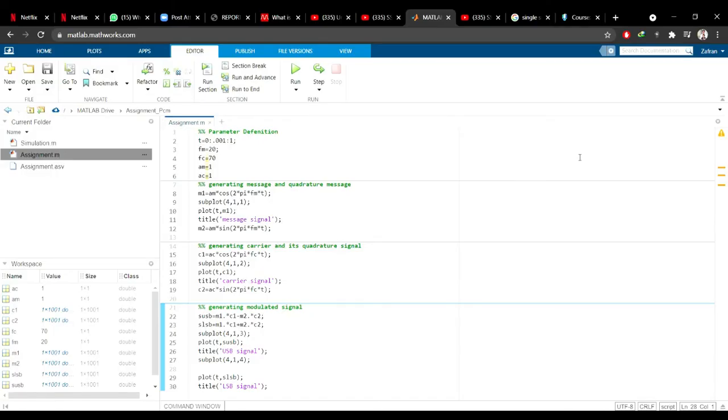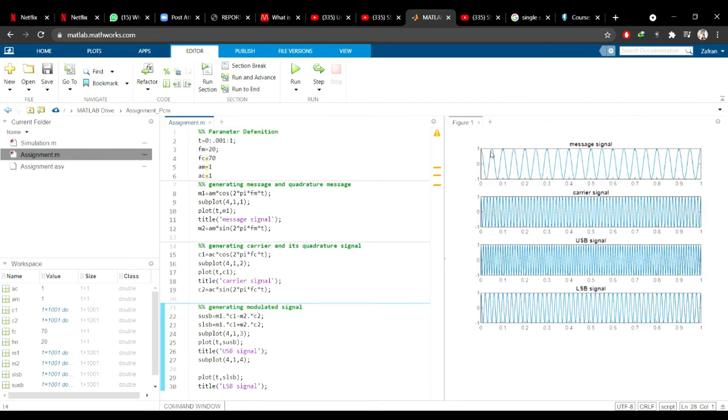Okay, I will show the simulation using MATLAB. This is our coding to generate the signal. This is for the message signal, carrier signal, USB signal, and lastly the LSB signal. Okay, we will run the coding. On the right side, we can see this is the message signal.